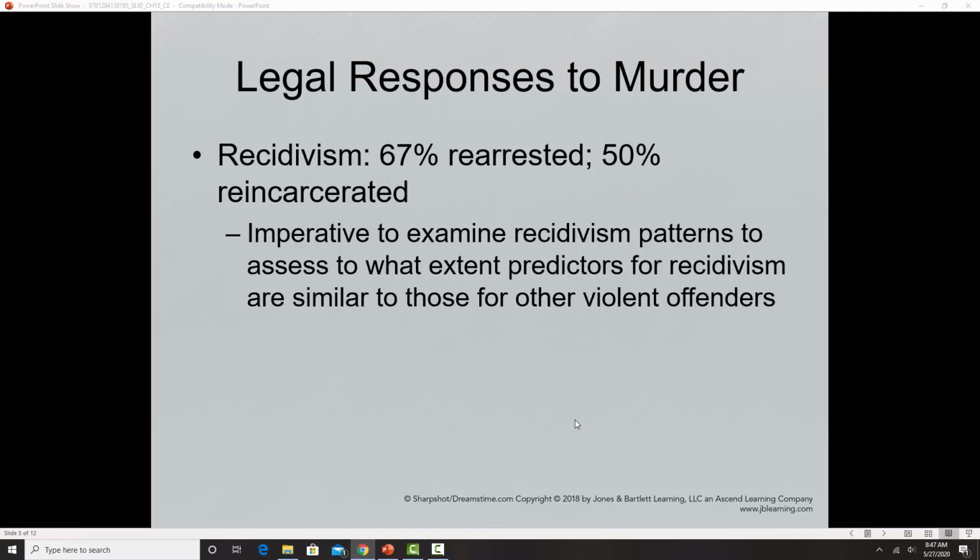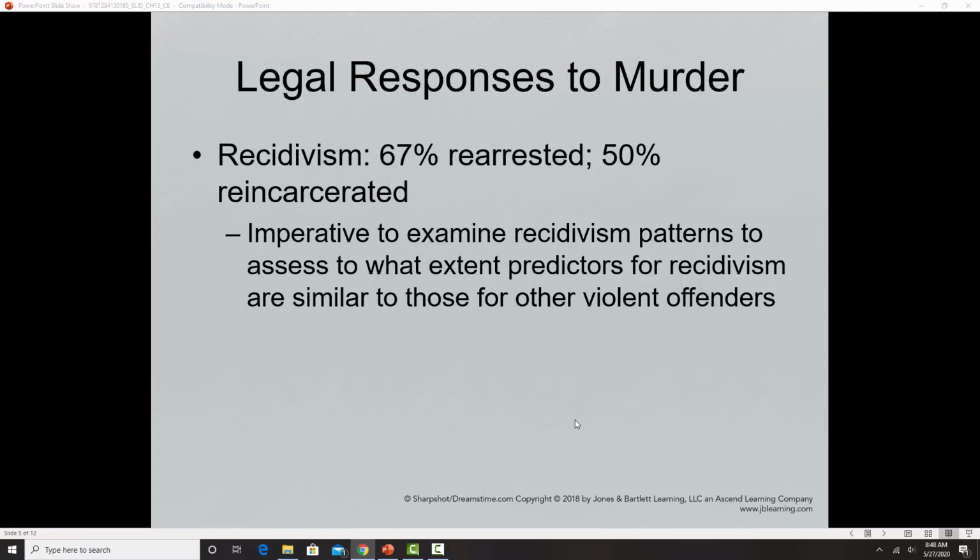When we look at recidivism rates for murder, it's a category where we have very high recidivism rates. You can see here it says 67% are rearrested if they are let out of prison, and 50% are reincarcerated. So we do have high recidivism rates. That's because the vast majority of offenders that engage in homicide usually engage in other types of crimes as well.